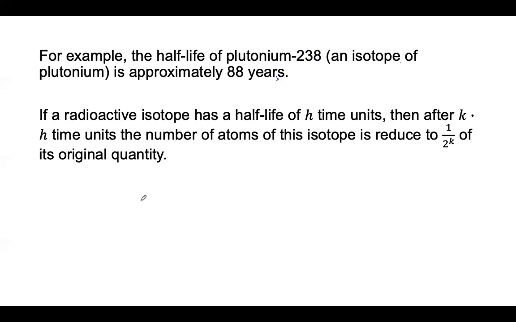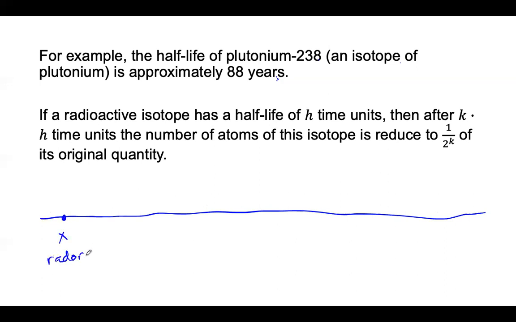We could understand this and draw a picture. Let's say here, X is the amount of radon. Then one half-life later, X is divided by 2. That's the amount of radon you have.